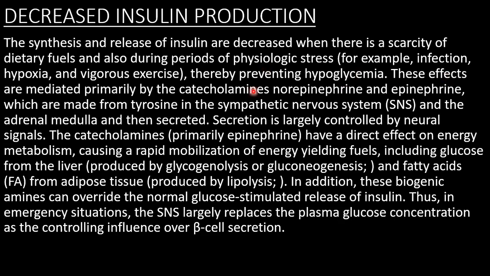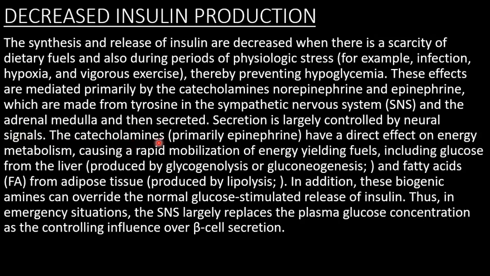These effects are usually mediated by catecholamines, namely norepinephrine and epinephrine, or noradrenaline and adrenaline, which are made from tyrosine in the sympathetic nervous system and in the adrenal medulla, and then secreted. Secretion is largely controlled by neurosignals, so there will be a role of the brain.